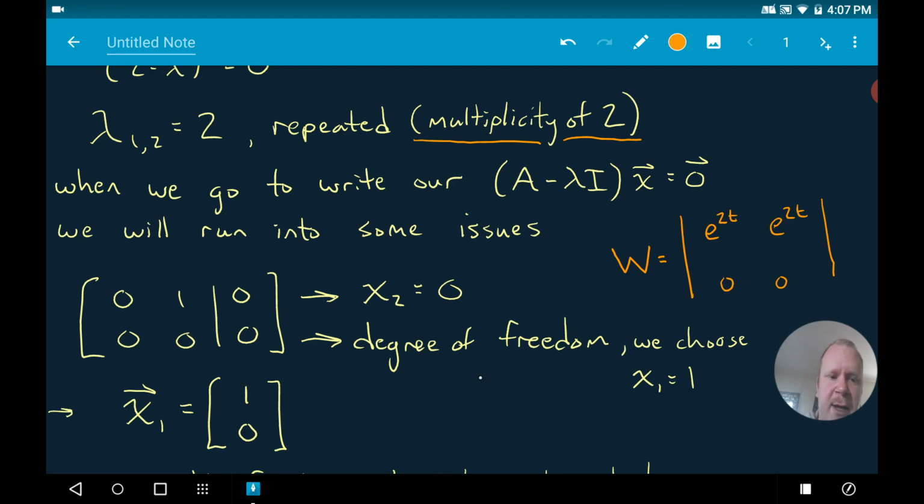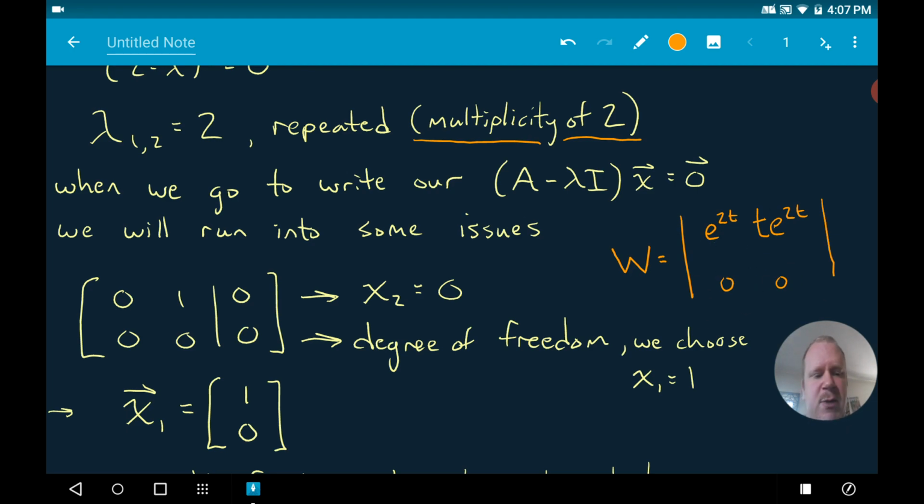We also can't just do what we did in chapter 3, where we just write t out in front of the second eigenvector. That one's also not going to work because, again, we're still going to get a Wronskian that's equal to 0.